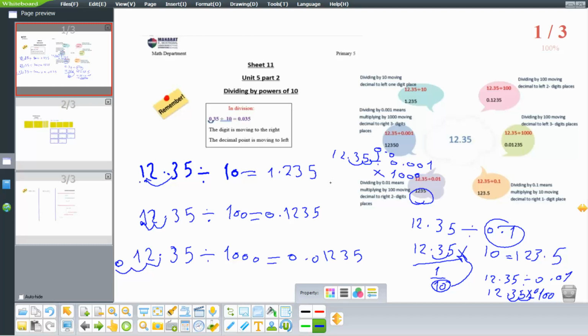So it will be 12,350. Did you get the idea? If we divide by 0.1, 0.01, 0.001, 0.0001, it means we are going to multiply by a power of 10: 10, 100, 1000, 10,000 and so on.